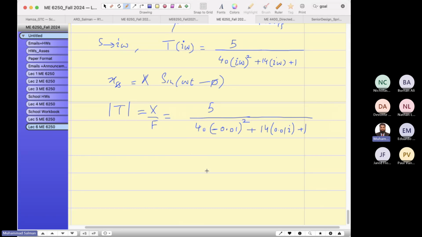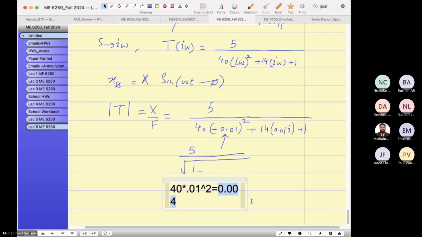So if I take the mod, you can take a look here. So 5 over 1 minus. If you do the math here, so this is 1.0.